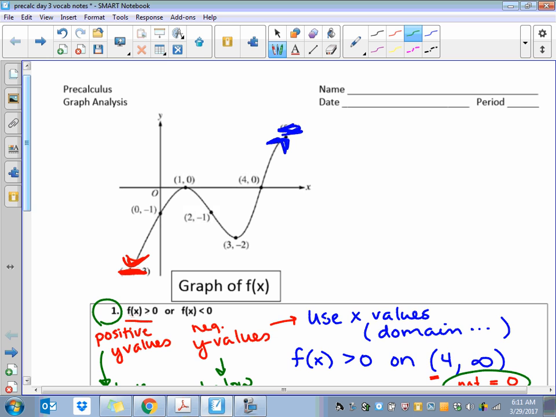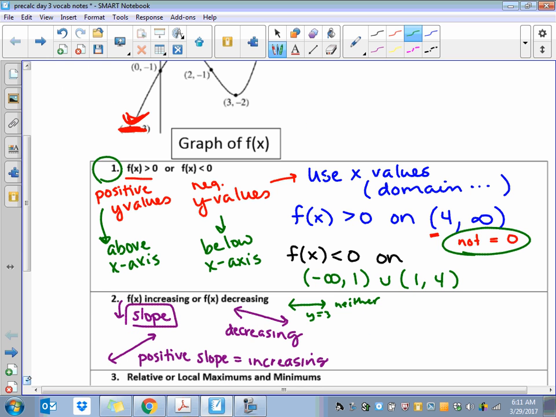So, where is my graph increasing? Where is my graph decreasing? Well, polynomial graphs go back and forth between increasing and decreasing.